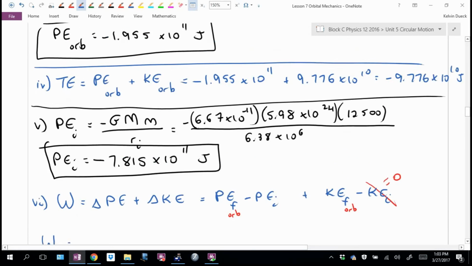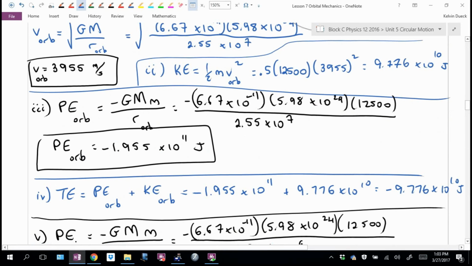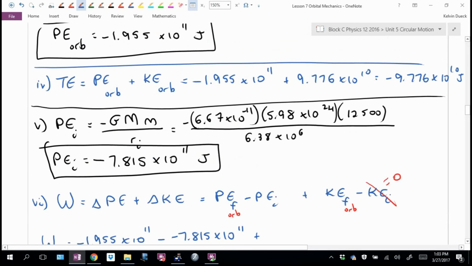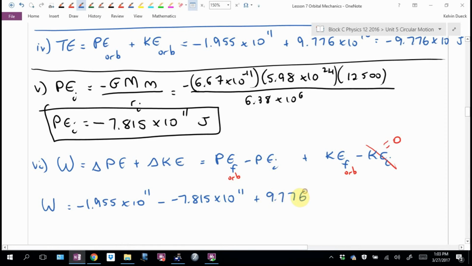Final: negative 1.955 times 10 to the 11th minus negative 7.815 times 10 to the 11th. There's my final minus initial for potential energies. Taylor, you'll notice what's a minus minus the same as? Are you positive? And then plus 9.776. This should end up being a positive answer because it should take work, it should take rocket fuel to put something in orbit.